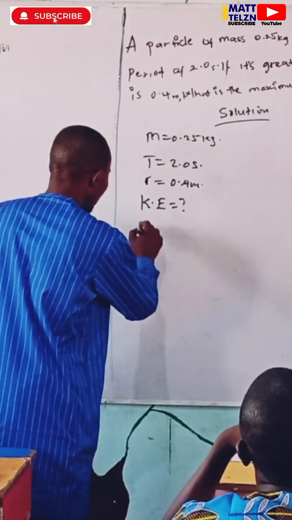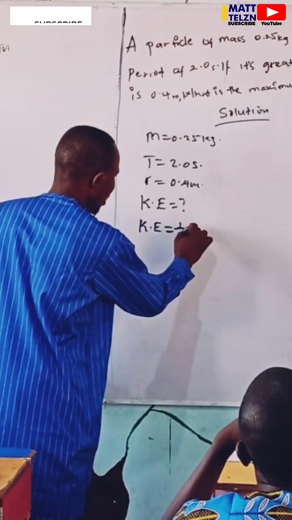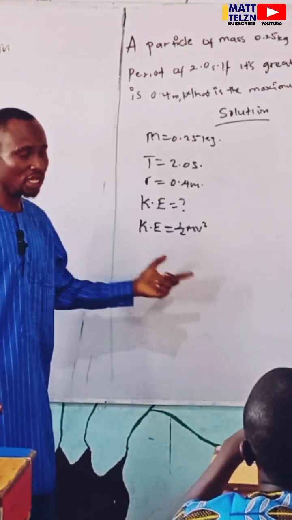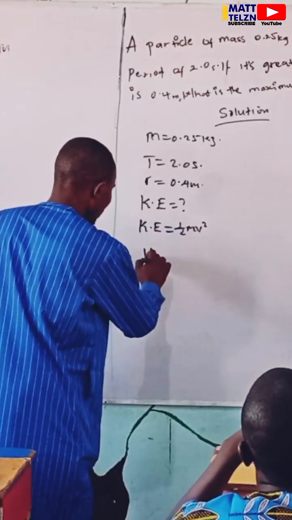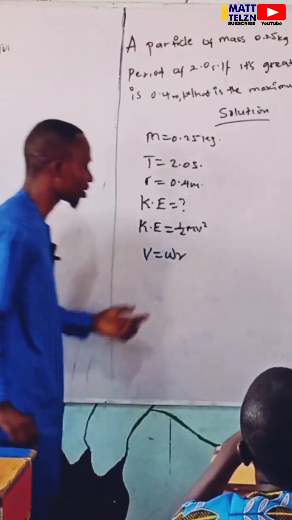We know that kinetic energy KE is equal to half mv squared. Now for a simple pendulum, v is angular velocity times radius.